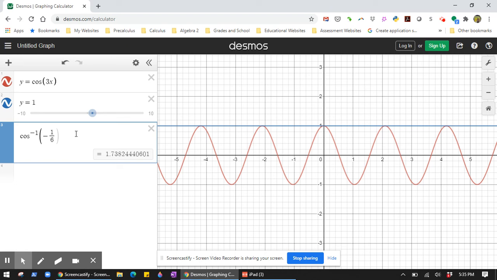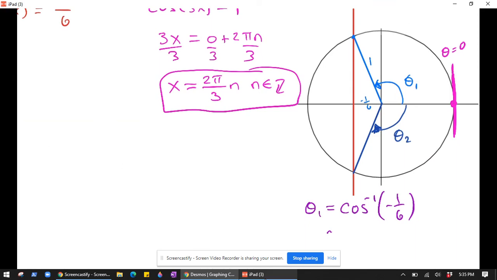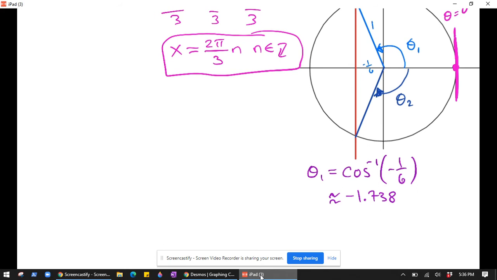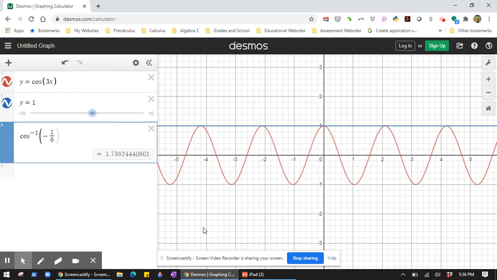Okay, wait, something was wrong there. Sorry, that shouldn't have been negative. It's not negative. Clearly, theta 1 is a positive angle, so it's 1.738 radians. And theta 2 by symmetry is negative 1.738.